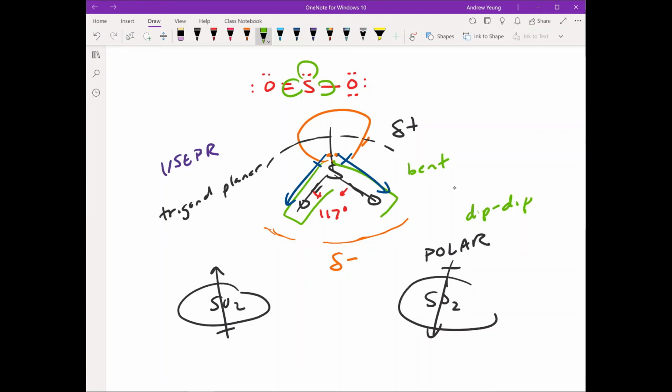And a dip-dip is the interaction between, well, we had a negative end here. That negative is going to like the positive sides of these other dipoles. And then the negative end of this other molecule is going to like the positive end here. It essentially is just negative likes positive. It's the in-between attractions that we're going to be referring to as dipole-dipole.